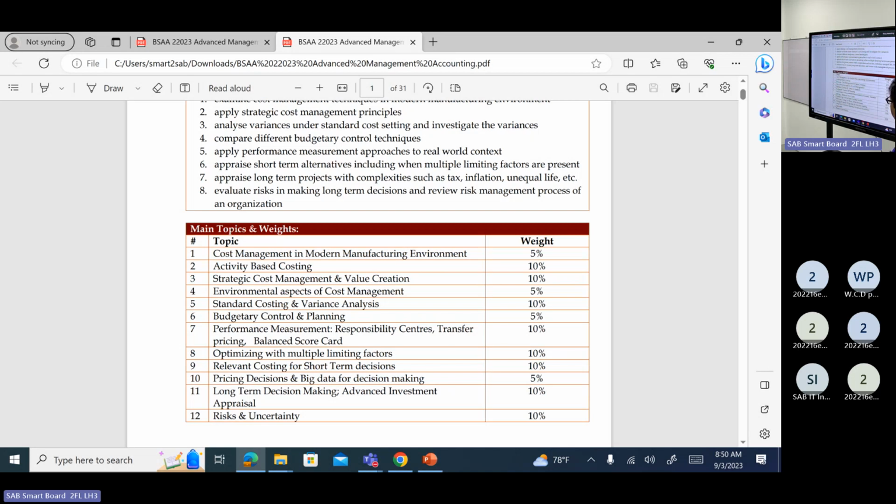The relevant cost for short-term decisions, principal decisions, and big data for decision making, long-term decision making, advanced investment appraisal, and risk and uncertainty. So these are the content to be covered.